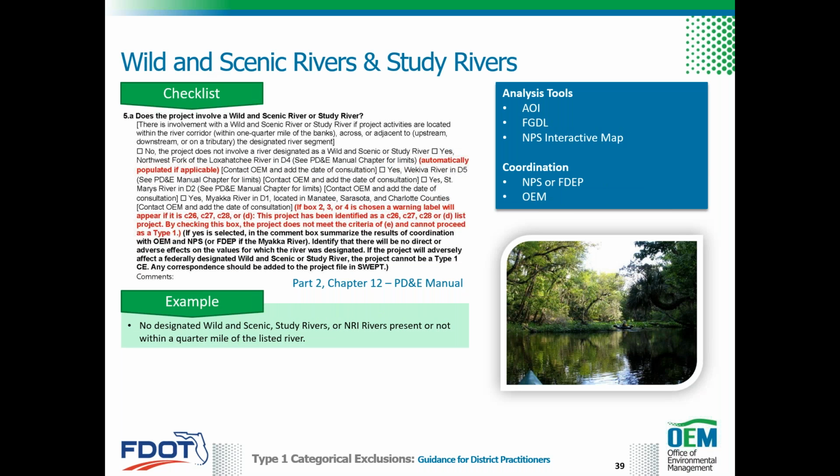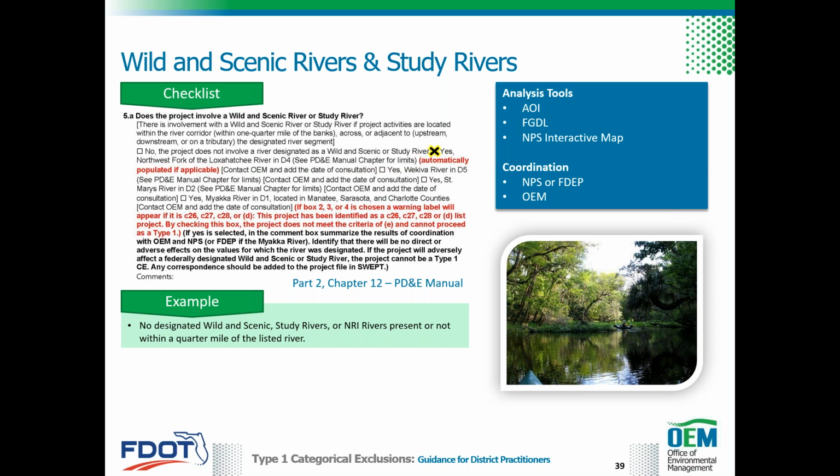In addition to the AOI tool, mapping tools are also available on the National Wild and Scenic Rivers System National Park Service's website. They help identify if there's a wild and scenic river in your project area. Now, when determining if a river is present, note that a river corridor includes the river and the adjacent area within a quarter mile of the banks.